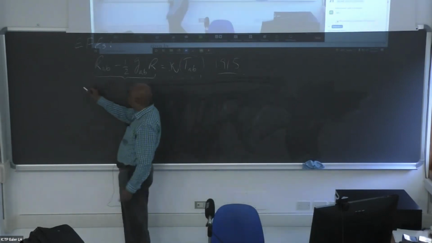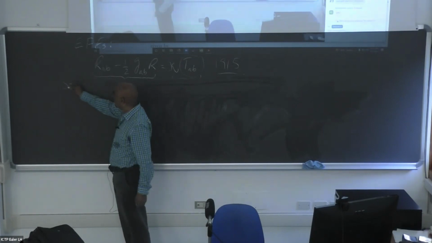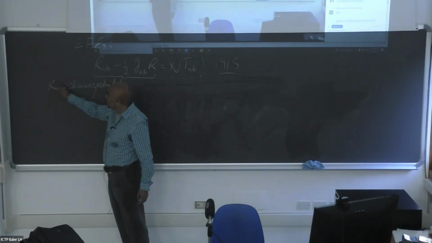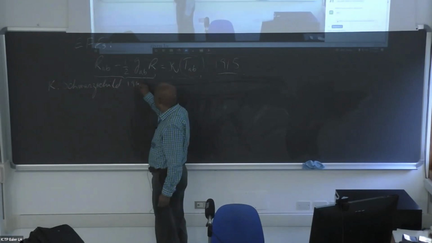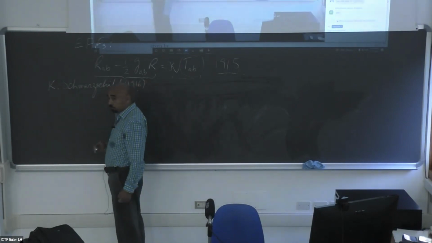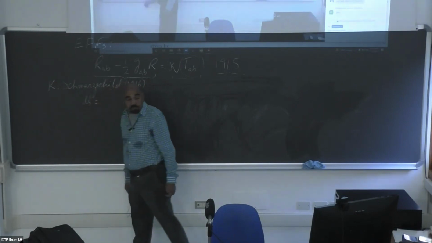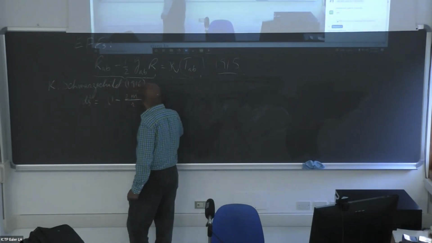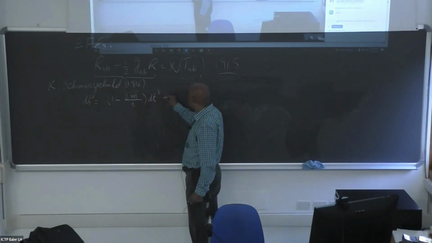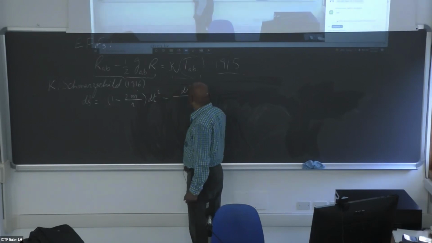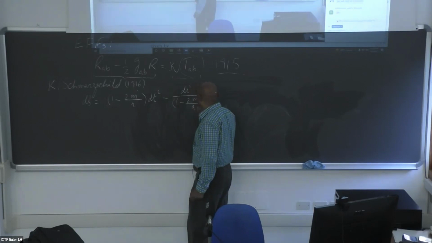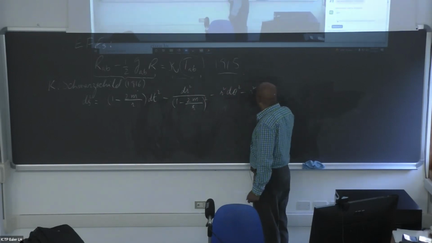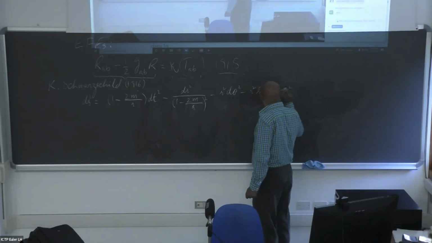So Karl Schwarzschild in 1916 gave this first solution, and in the signature that we have selected, it is ds squared equals (1 minus 2m over r) dt squared minus dr squared over (1 minus 2m over r) minus r squared d theta squared minus r squared sine squared theta d phi squared.